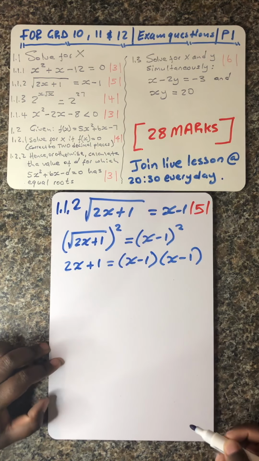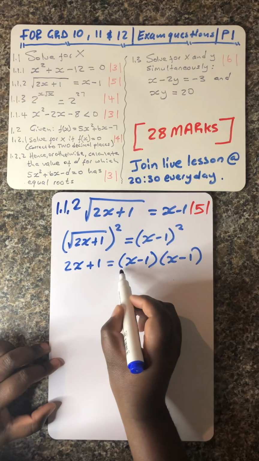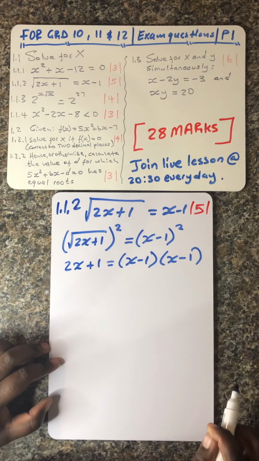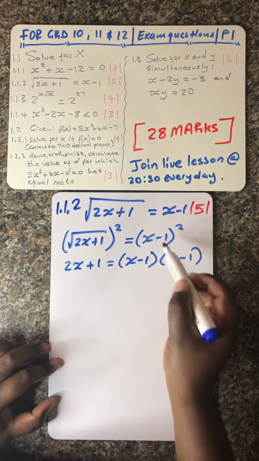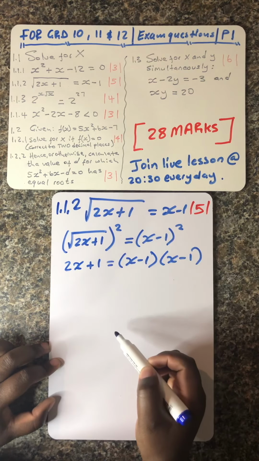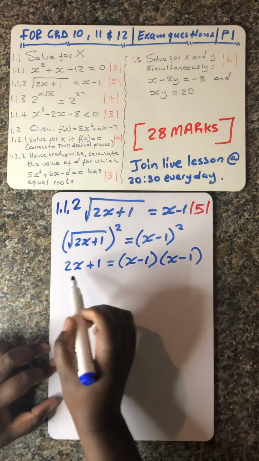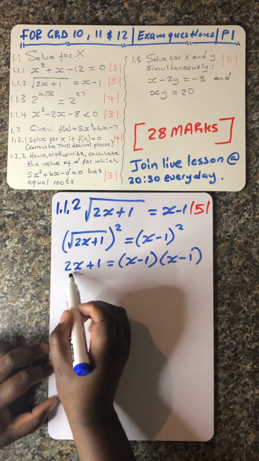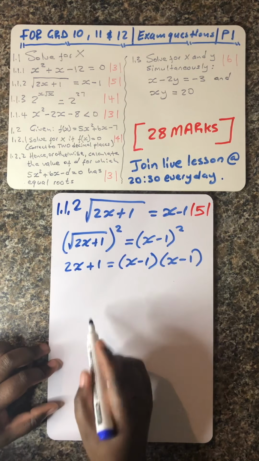Can you see, guys? Now your next step is to concentrate on removing those brackets. The first step, you remove the square root and you have those brackets. The second step, you want to remove the brackets. So 2x plus 1 you cannot further simplify; it just remains as it is.